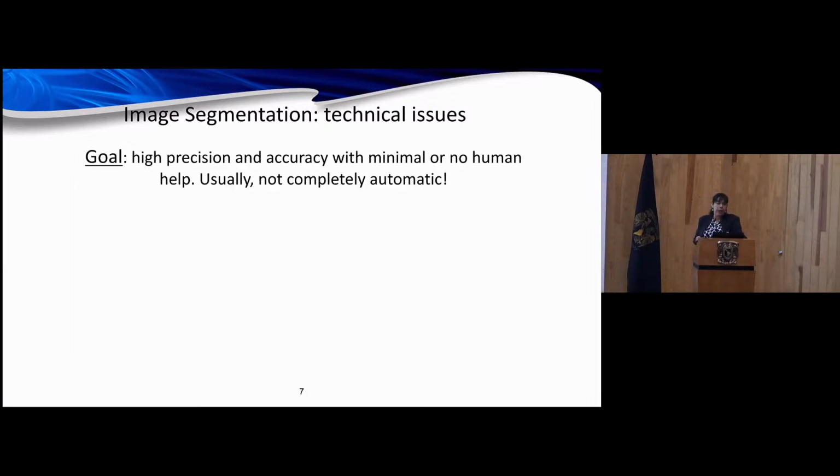For these image segmentation techniques, we need high precision and accuracy with minimal or no human help. Why is that? Because clinicians specialize in the diagnosis, planning, treatment, and post-operative following. So we need to give them that support that will let them focus on their task. But usually these algorithms that help are not completely automatic.